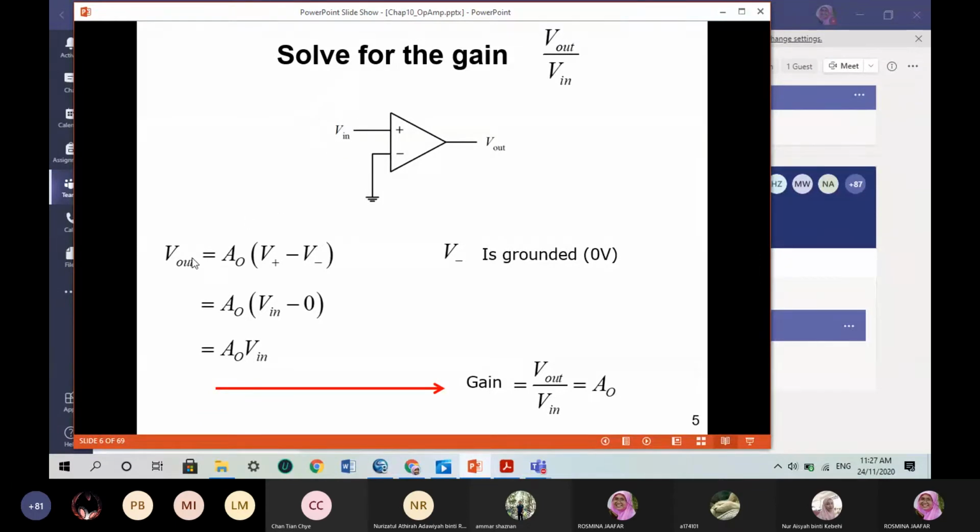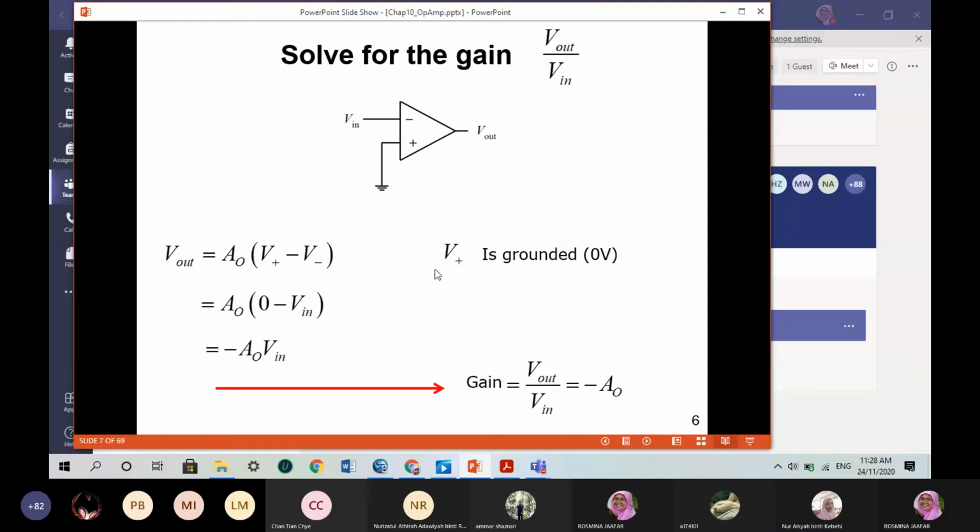Therefore, V out is the open loop gain A0 multiplied by V plus only, or V in, where V plus has the value of V in. Okay, this is the condition when your inverting input terminal is grounded. Therefore, you will produce a gain equal to V out over V in, which is called the open loop gain A0.